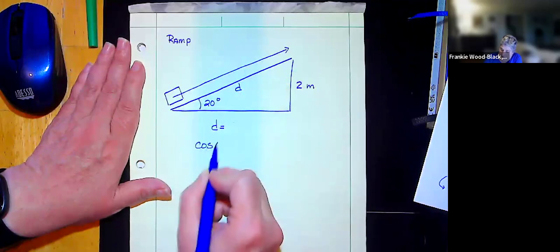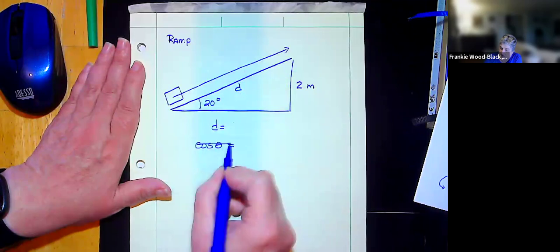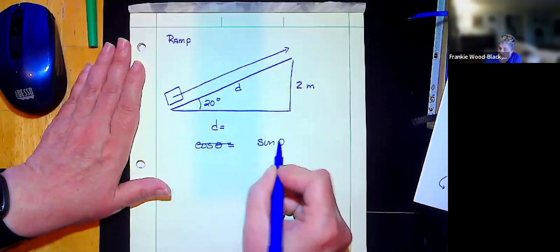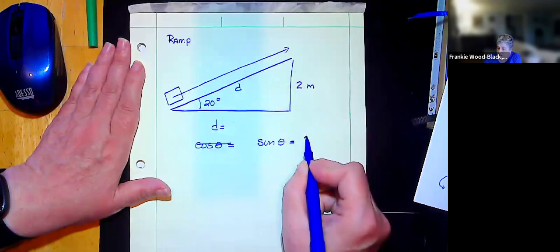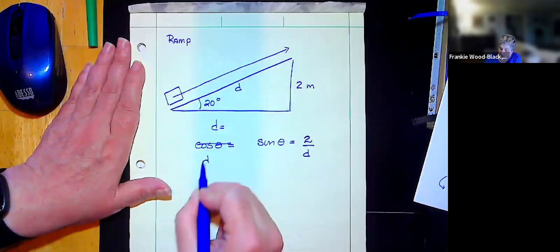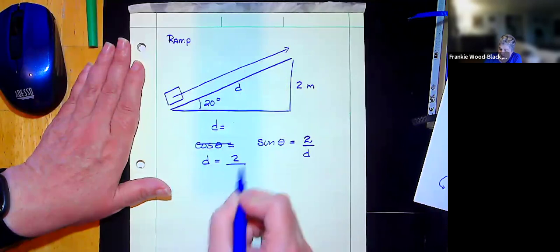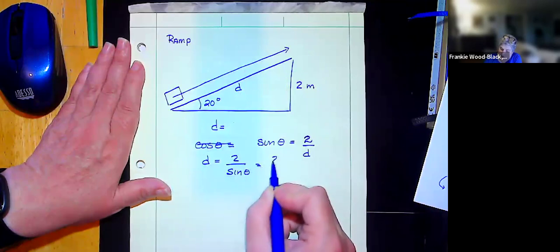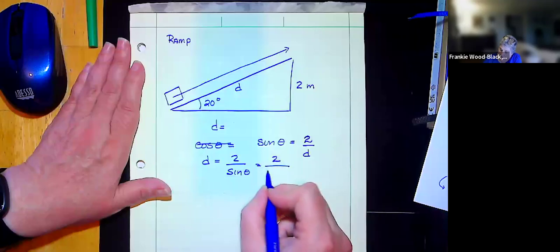Cosine of my angle is equal, no, that one with the sine of the angle. Sine of the angle is equal to 2 divided by the distance. I'm solving for distance. The distance is going to be 2 divided by the sine of the angle. That's 2 divided by sine of 20 degrees.